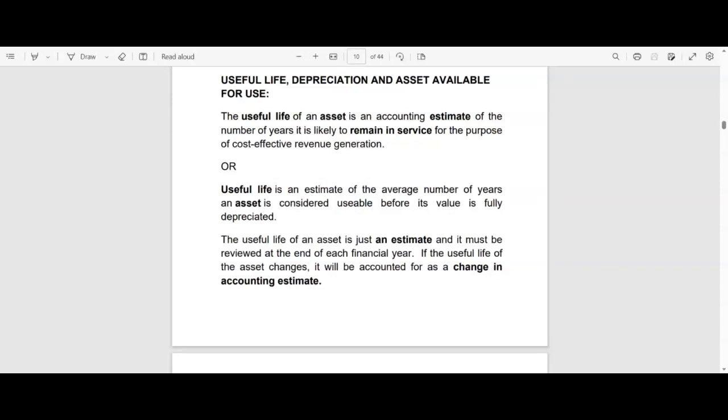The method that we use is referred to as the reallocation method. So then we are going to, instead of using the original cost of the asset, use its carrying amount at the beginning of the year as its depreciable amount. But anyway, I've said too much already because we're only doing that in financial accounting 3.